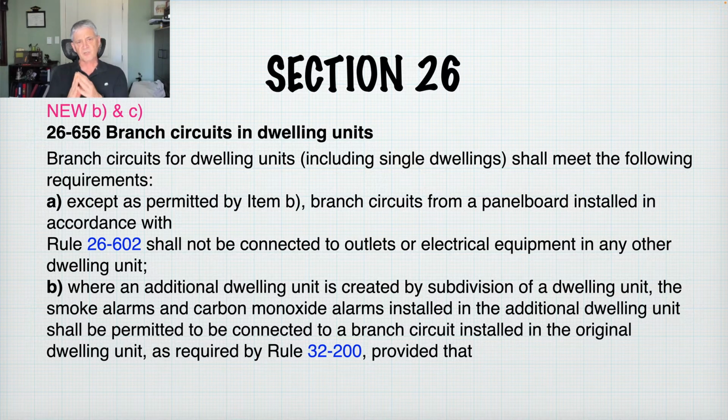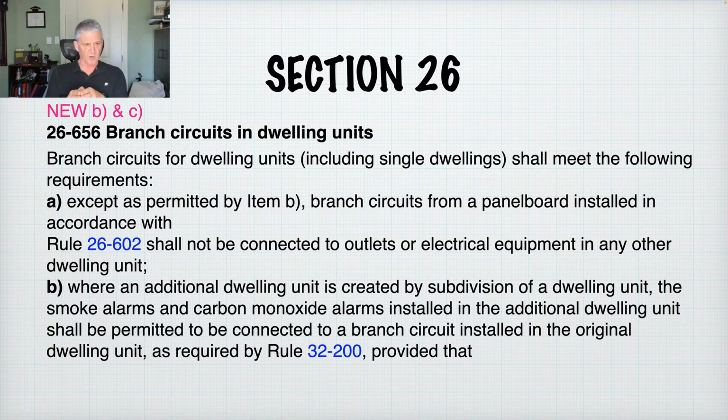This is actually an interesting rule, and this is a good change. So it eliminates a lot of confusion. So new is B and C, branch circuits and dwelling units. And I'm going to go right to B, where an additional dwelling unit is created by subdivision of a dwelling unit.